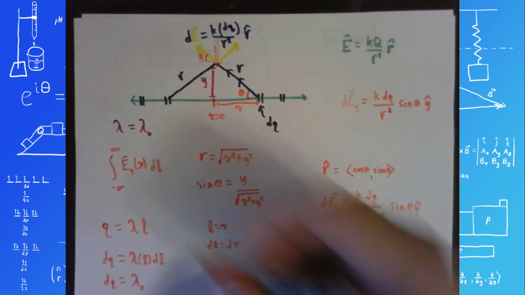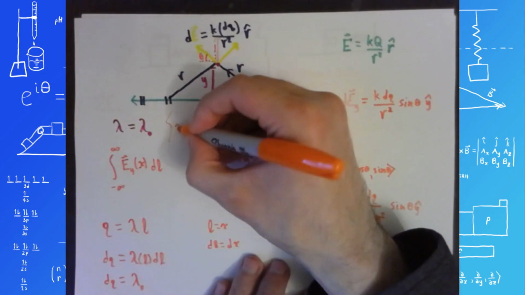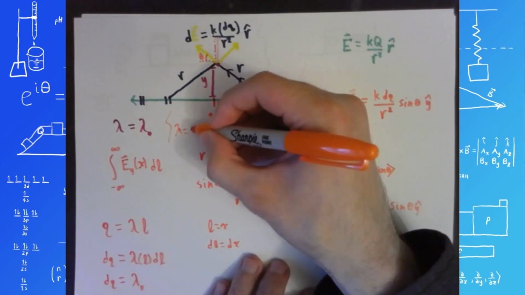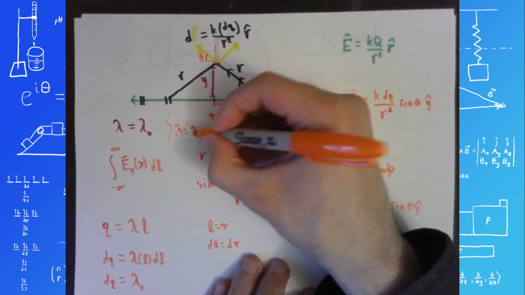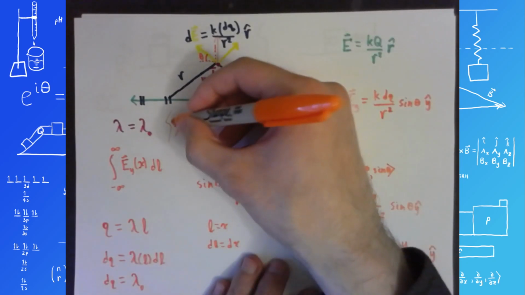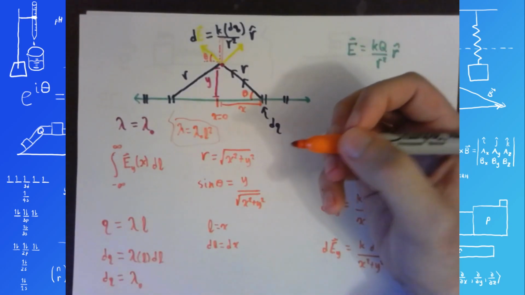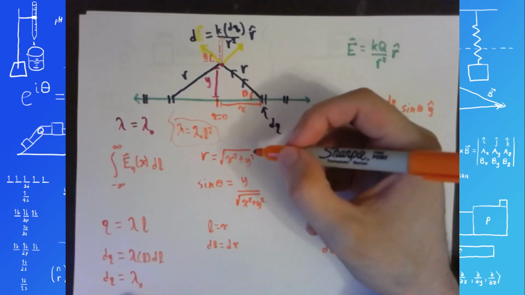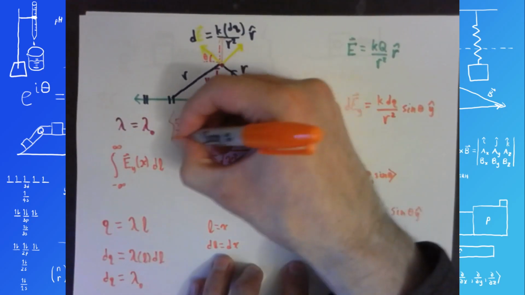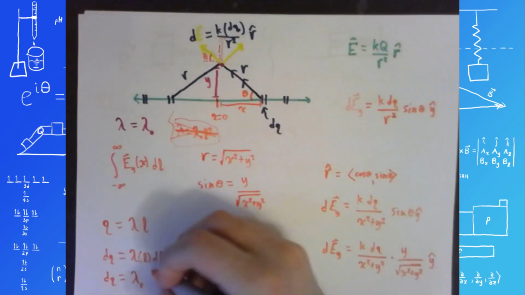Of course, if you had something like lambda equals lambda naught times L squared, then obviously that's what you would substitute in here. But since we've got just a constant linear charge density, we just sub in a constant there and we're good to go.